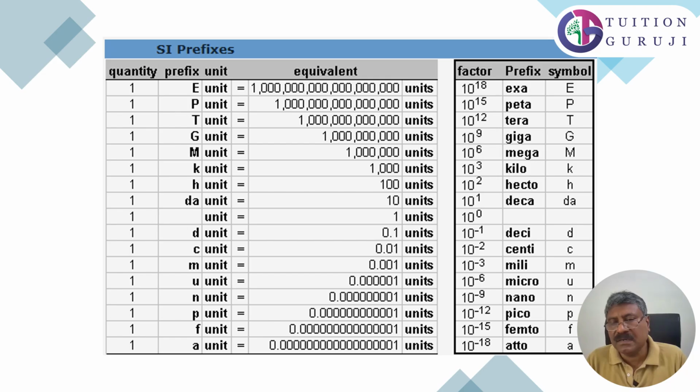For smaller units, 10 raised to minus 1 is deci, 10 raised to minus 2 is centi, 10 raised to minus 3 is milli, 10 raised to minus 6 is micro, 10 raised to minus 9 is nano, 10 raised to minus 12 is pico, 10 raised to minus 15 is femto, and 10 raised to minus 18 is atto.